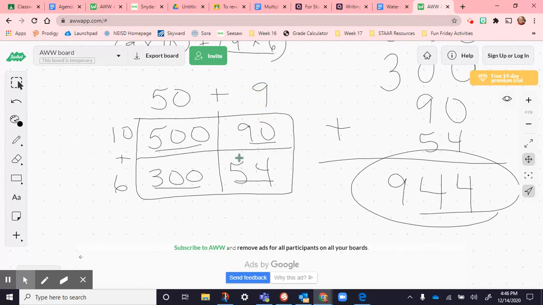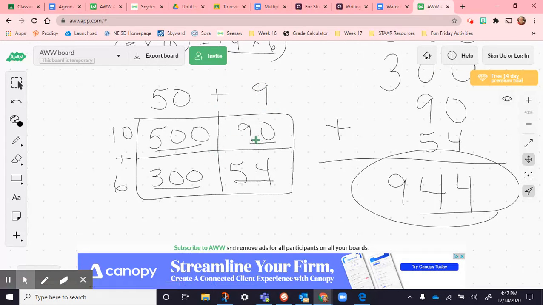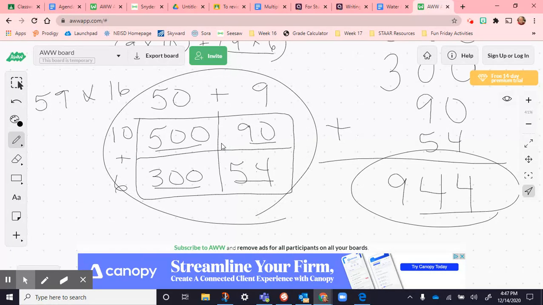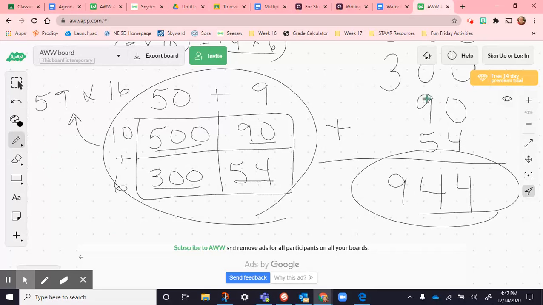We're going to have questions where you'll be given kind of like a box like this with the area model where it's more drawn to scale, and you'll have to see, okay, I know 50 plus 9 is 59, so this is 59 times, over here 10 plus 6 is 16. So if I was just given this box right here, I would need to work backwards and say, okay, what is it that I'm multiplying? And so all different sorts of questions that you could get from what we just did.